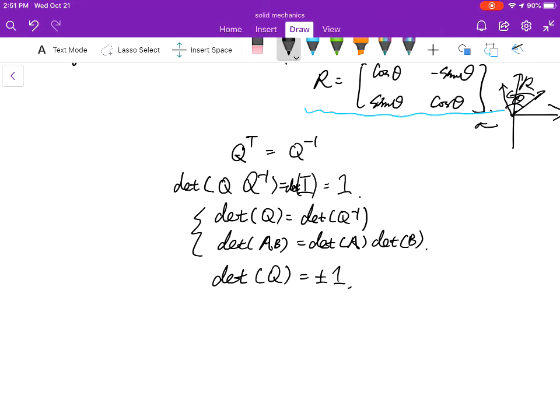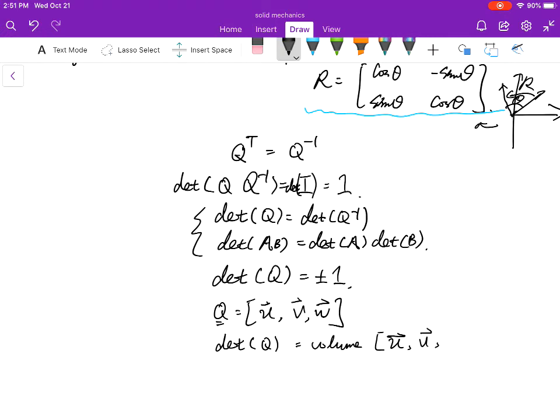One physical meaning of the determinant is the volume. For example, if Q can be described by three vectors u, v, w, the determinant of Q is the volume spanned by these three vectors, like this.